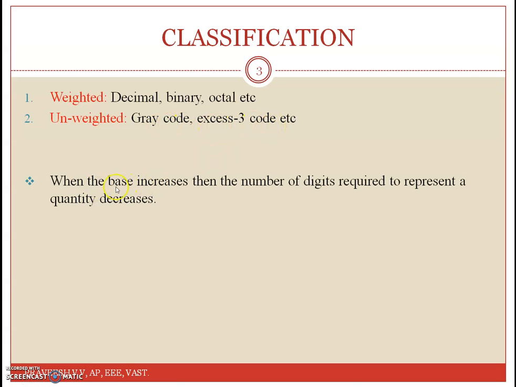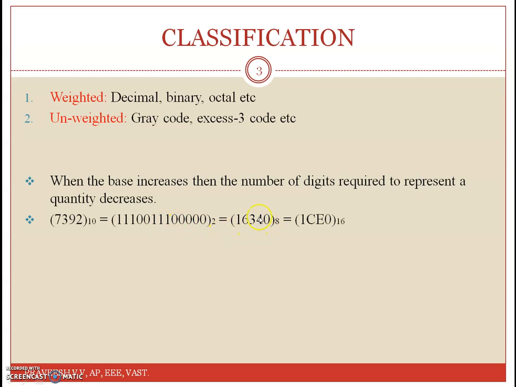One point that you can notice is that when the base increases, the number of digits required to represent a quantity decreases. That is, if you go from binary to decimal, the base changes from 2 to 10, and so the number of digits used will reduce. An example is given below. Here I am taking 7392 in decimal as the value, and if I represent it using binary, it will have this many digits.